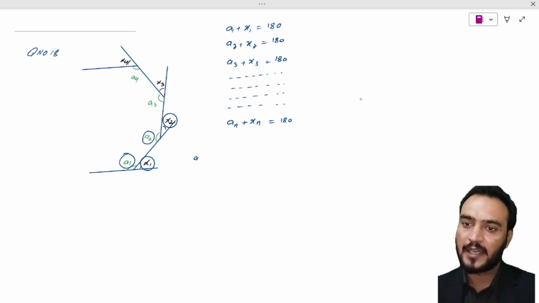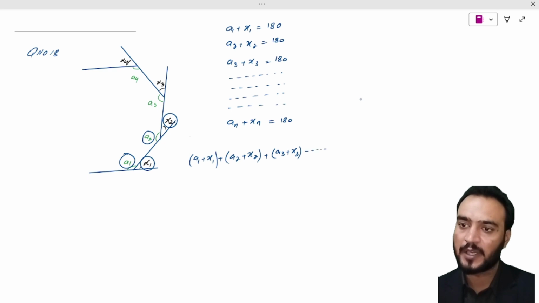It means a1 plus x1 plus a2 plus x2, adding the third angle a3 plus x3, and continuing this way till we reach the nth angle, that is an plus xn.